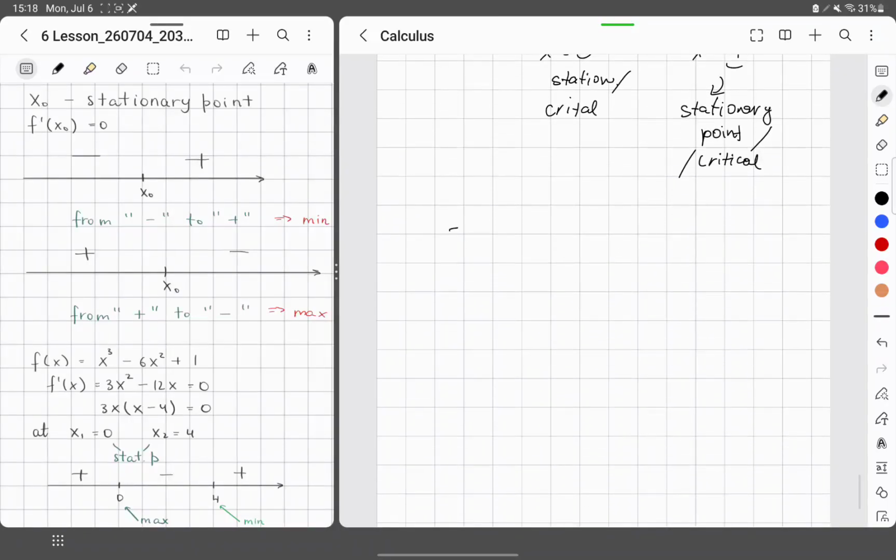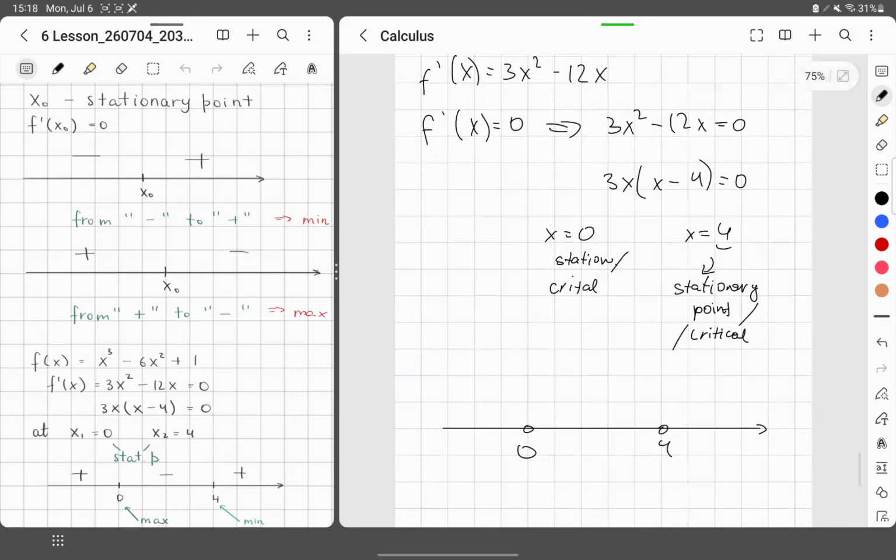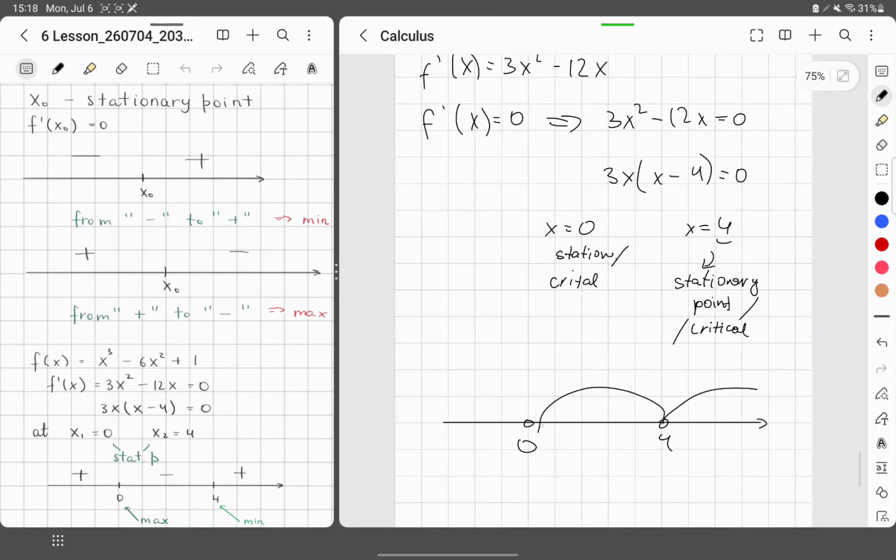So in order to find maximum and minimum and in which intervals they are increasing or decreasing, we will do something incredible. Write the roots 0 and 4. Positive, negative, and positive.